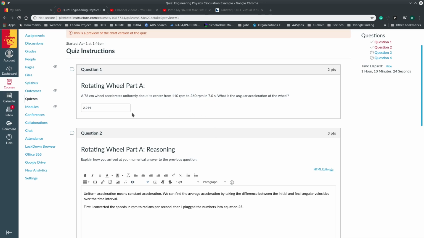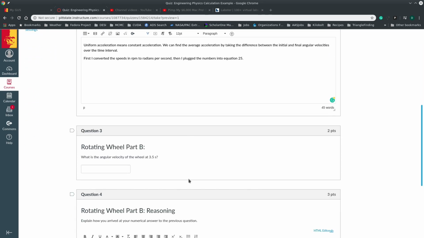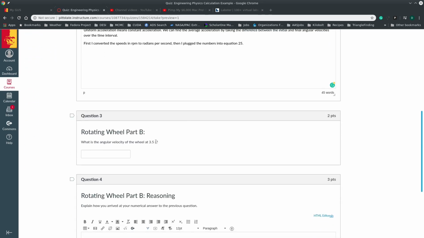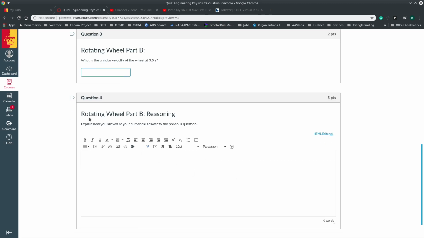It also means we could use this angular acceleration that we calculated in that part to help us solve this part. Again, you'll just work out what the numerical answer is, enter the numerical answer here, and then you can see below that we have part B, reasoning. So you do a similar process. You explain what it is you did to arrive at your numerical answer.